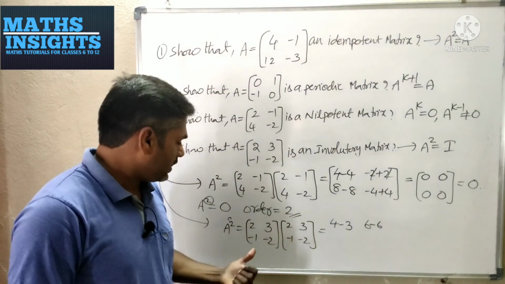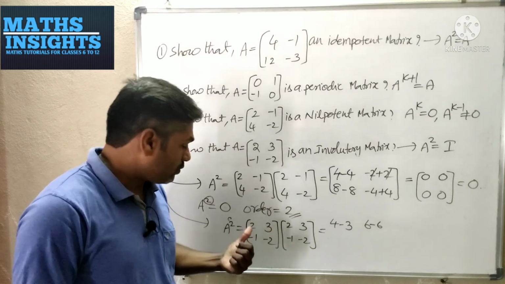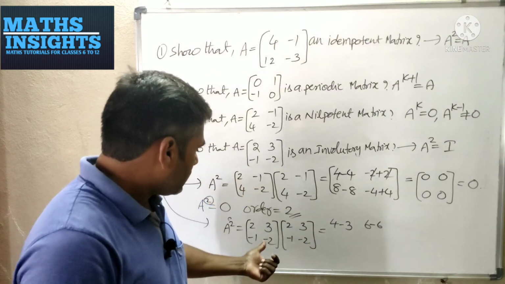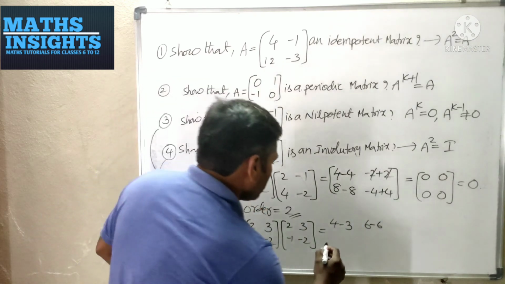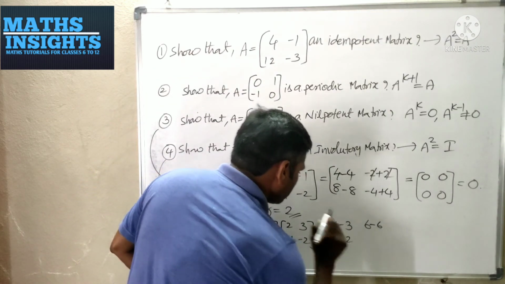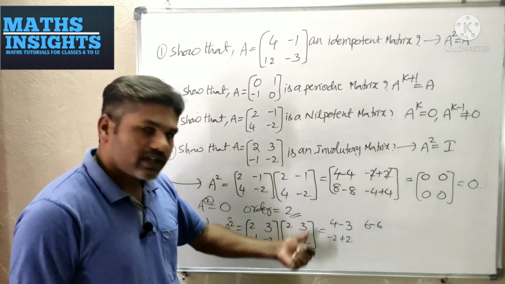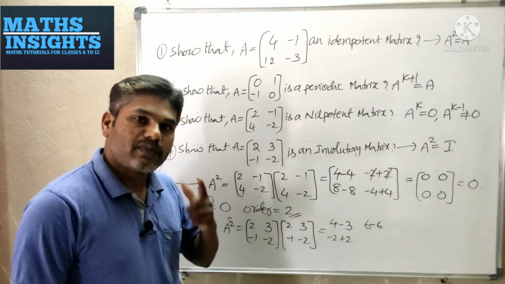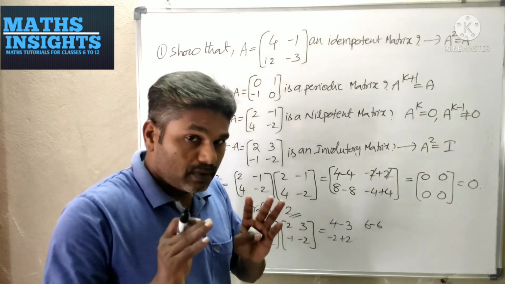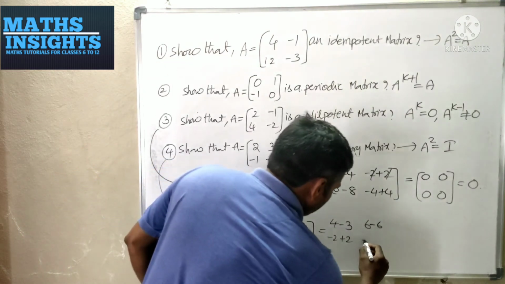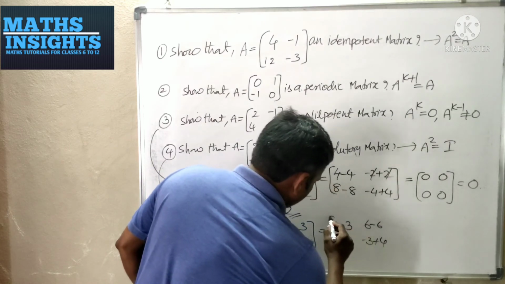Second row first column again, minus 1 into 2 is minus 2, plus minus 2 into minus 1 is plus 2, therefore minus 2 plus 2. Second row second column, minus 1 into 3 is minus 3, plus minus 2 into minus 2 is plus 4. Therefore minus 3 plus 4.